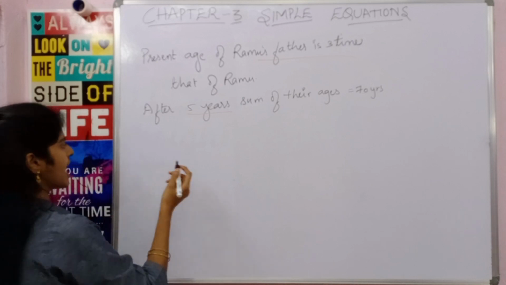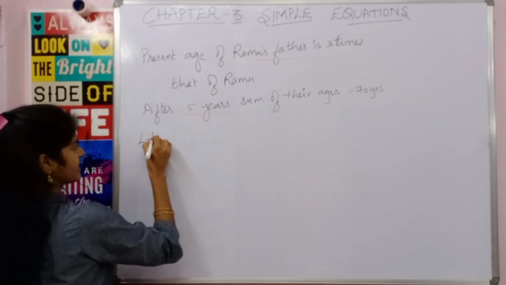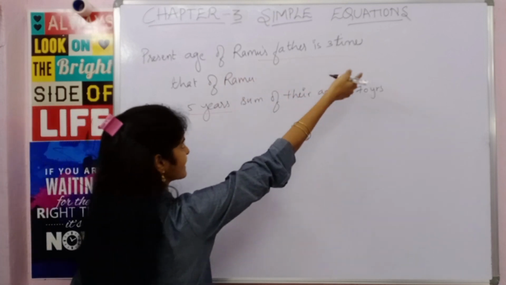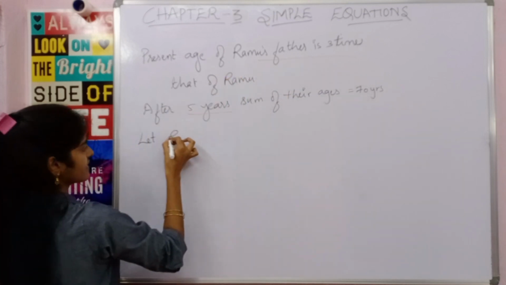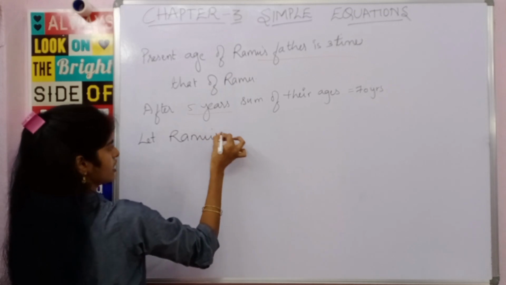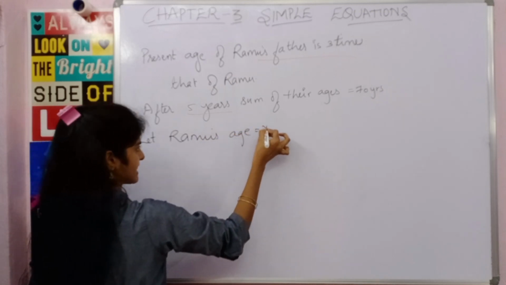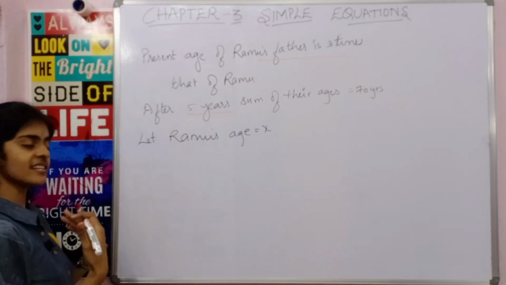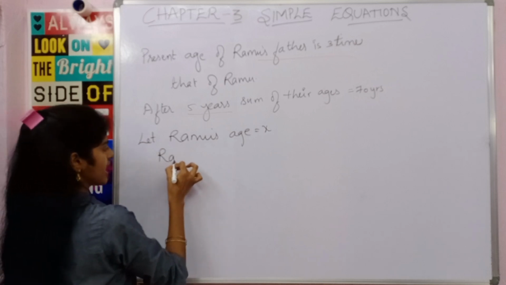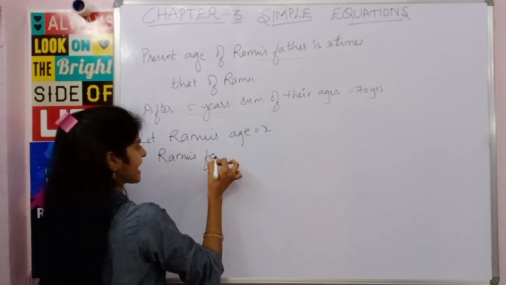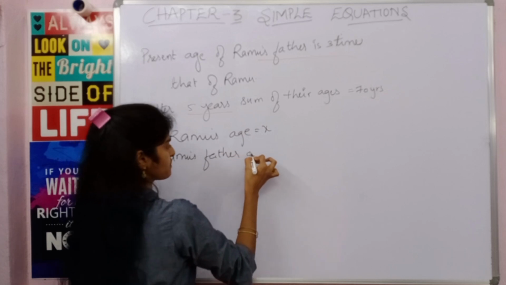Since Ramu's father is 3 times that of Ramu, let Ramu's age be x. Now what is Ramu's father's age?